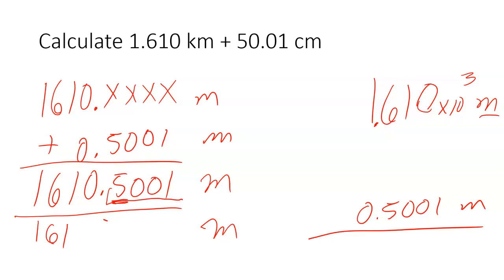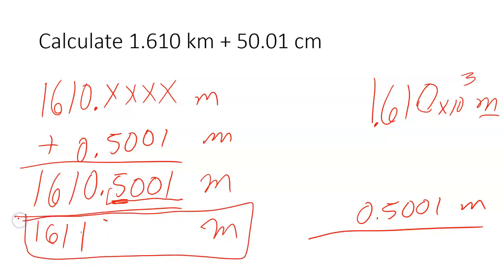This is 5001. And because we have just a little bit more than 5, then we round up in this case. So this will be 1611 meters, right? The right answer in this case will be 1611 meters.